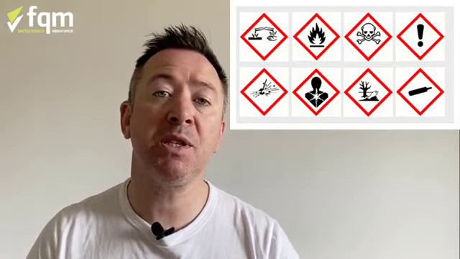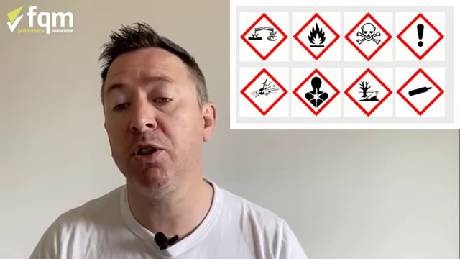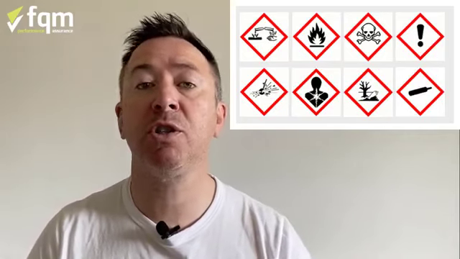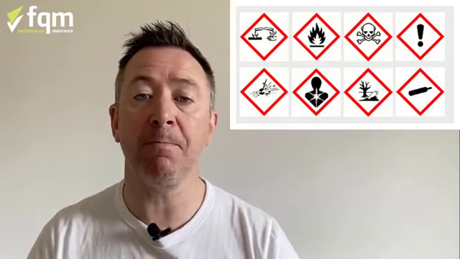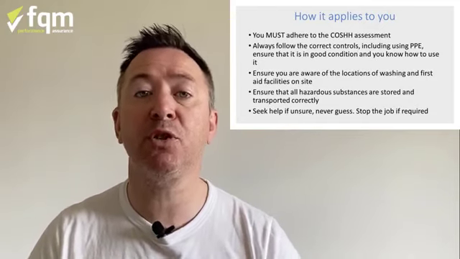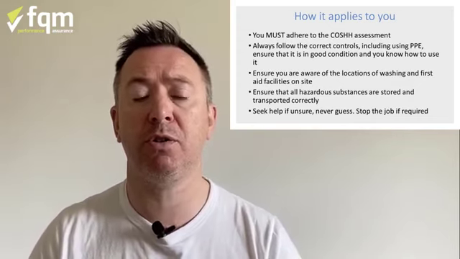Remember, substances that are supplied will have a warning label on them, and they will outline what those cautions and precautions need to be. So what about how it applies to you? As an individual, as an employee, you must adhere to the COSHH assessment, not cut corners.